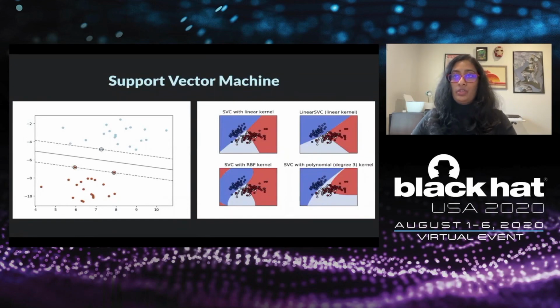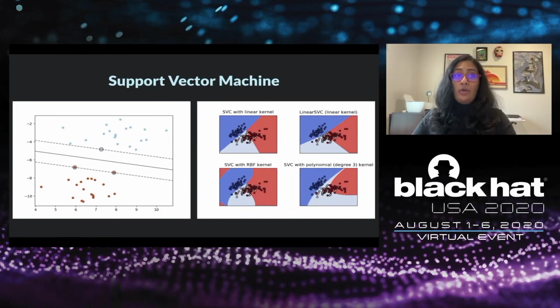SVM is a supervised ML algorithm which can be used for classification as well as regression. Obviously, we are using it here for binary classification. In SVM, we plot each data item as a point in n-dimensional space, where n is the number of features you have, and the value of each feature is its coordinate. Then we perform classification by finding the hyperplane that differentiates the 2 classes.